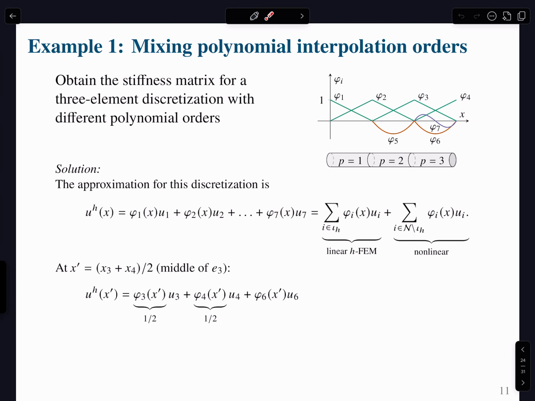Now let's take a look at this point x prime, which is basically x3 plus x4 divided by 2, which is somewhere here at the middle, right there. Well, if you evaluate those functions, I know that phi3 is equal to 1/2, and this phi4 is equal to 1/2. And I know that in that particular case, this guy here is going to be equal to 0.